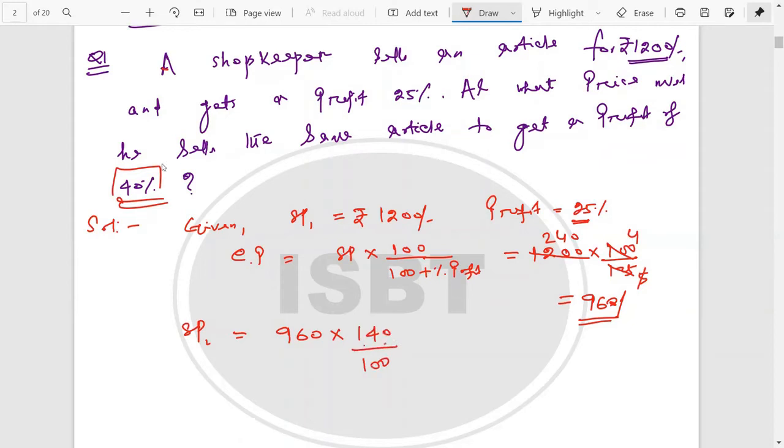Okay, that means 00 cancel, 00 cancel. 14 6 जा 84, carry 8, 14 9 जा 126 plus 8, 134, 1344. Okay, the answer should be 1344.